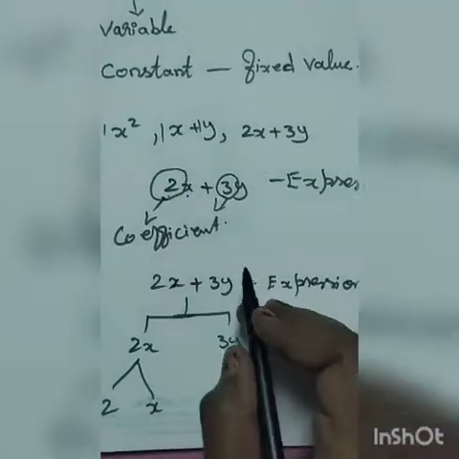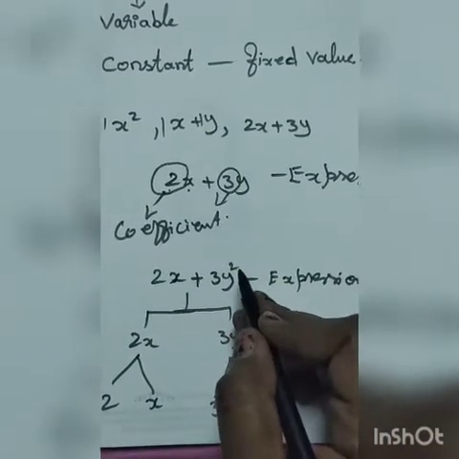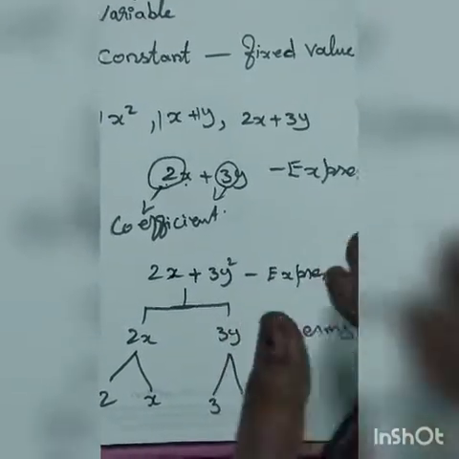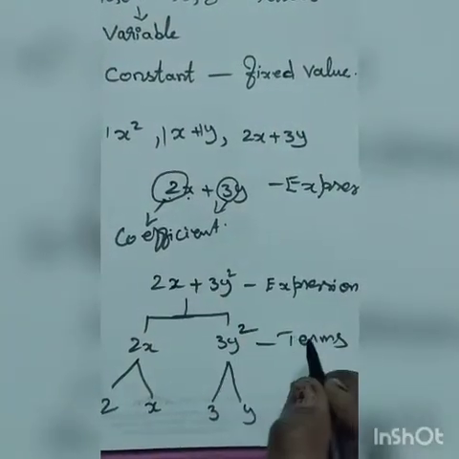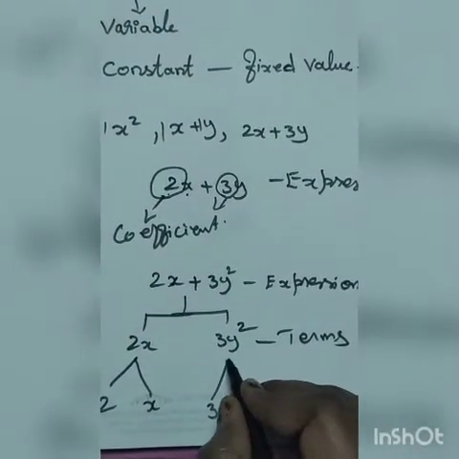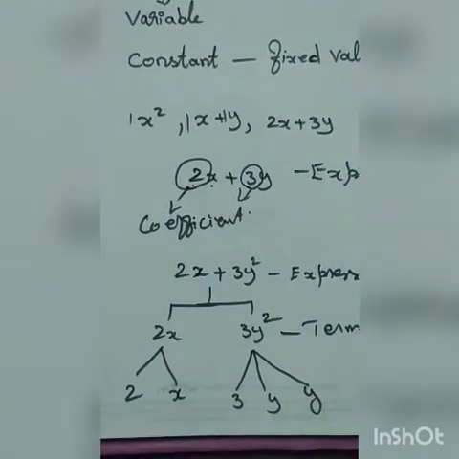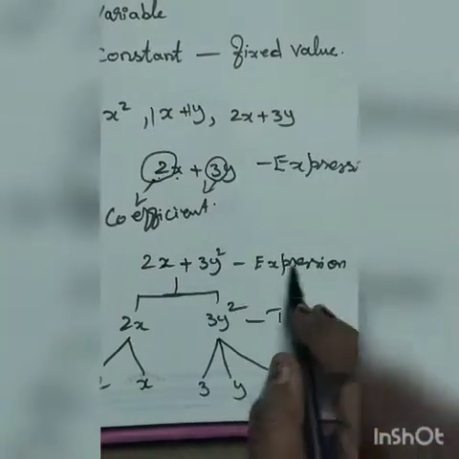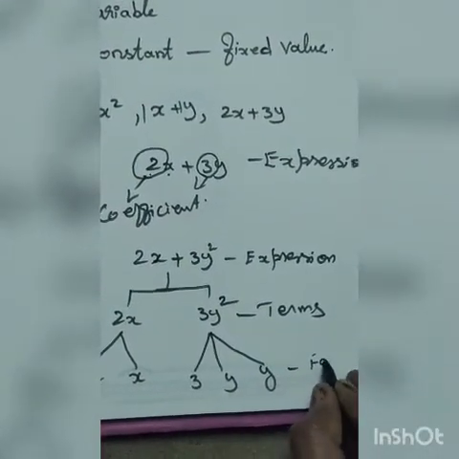If we have y squared, the exponential power increases. Again it has two terms only. Here it is y squared, but the factors differ, so we have one more y here. Clear? We call this an expression, these terms, and these factors.